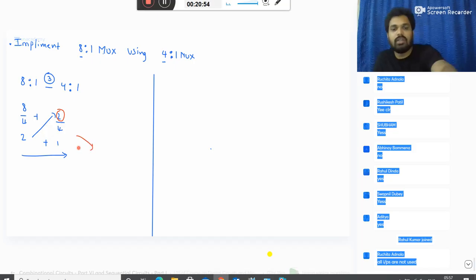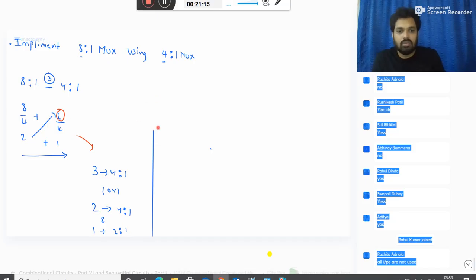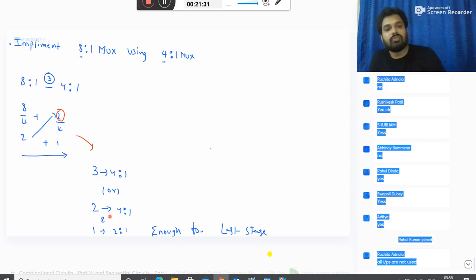So now you can see, you can write 3 4 by 1s may be required, to make this 8 by 1. Another possible answer is 2 4 by 1s and 1 2 by 1. 1 2 by 1 is enough for the last stage.